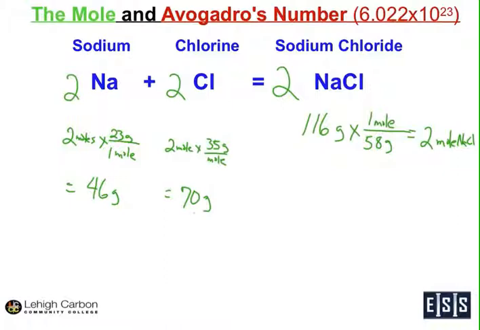And if you add 70 grams of chlorine with 46 grams of sodium, you'll see the conservation of mass. We get 116 grams of sodium chloride.